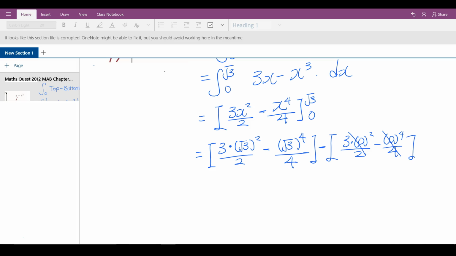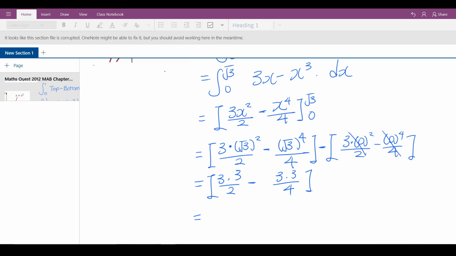The 0 is gone. And 3 multiplied by root 3 squared, the square root and the square cancel out, so it's just 3. It becomes 3 times 3 over 2 minus, now root 3 to the power of 4 is the same as root 3 squared, squared. And we know root 3 squared is 3, so this is pretty much just 3 times 3 over 4.